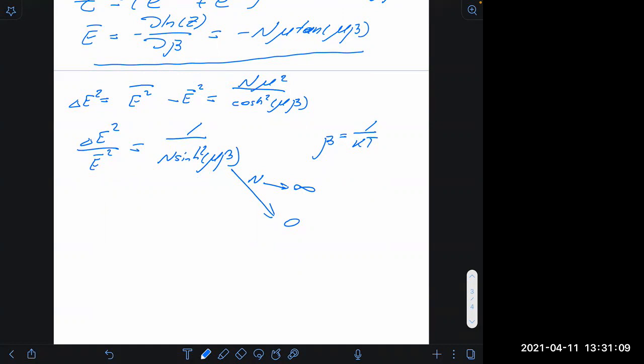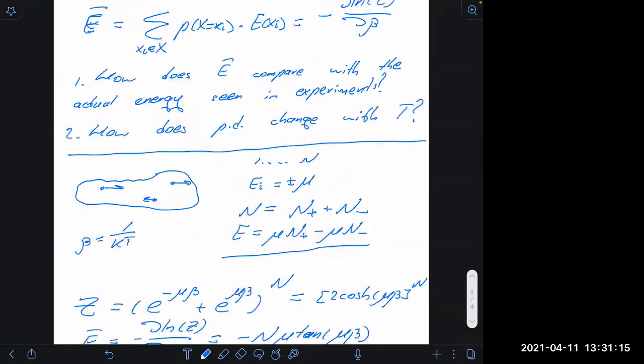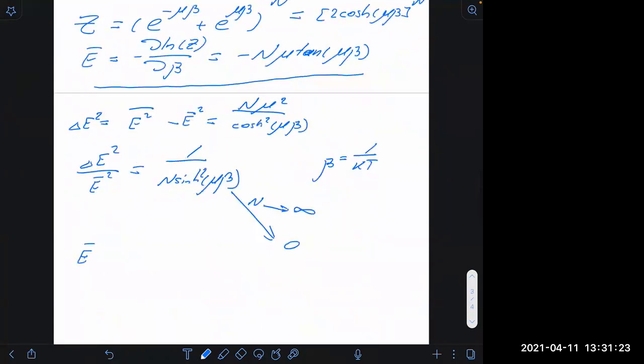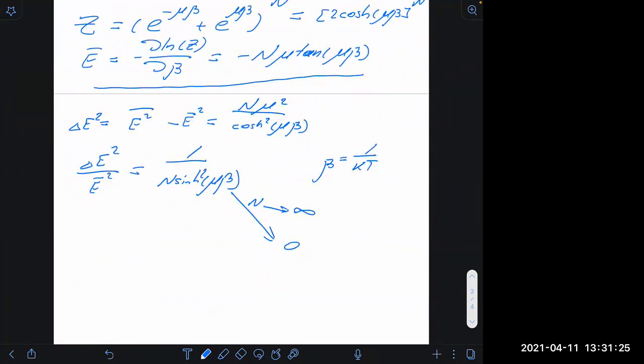The next question we wanted to ask ourselves is, how does the probability distribution change with the change of temperature? Well, we had our E bar. Let's write it down once again. Minus n mu tangent, oh, this was hyperbolic tangent, mu 1 over kT.